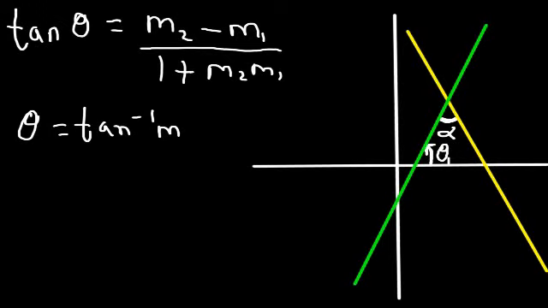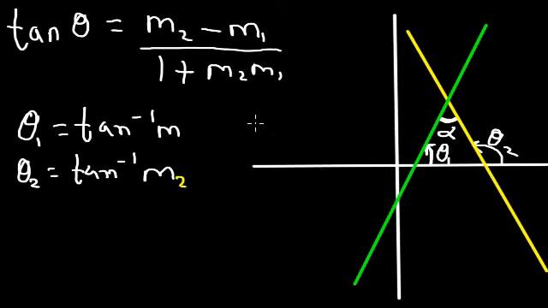But the angle of a slope has to be positive. So the angle of the slope of the yellow line has to be at this region, theta 2. Don't forget, this is theta 1, and this is theta 2. Let's say this is m2, and that of green is m1.